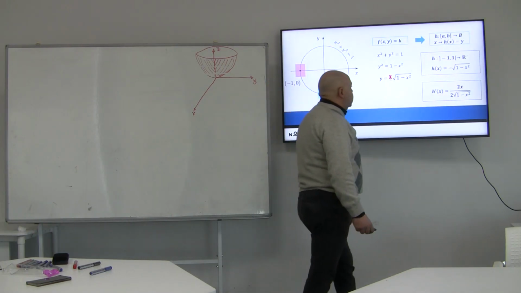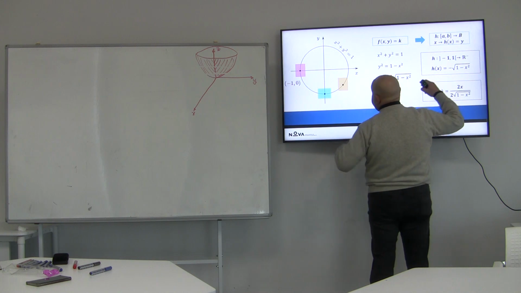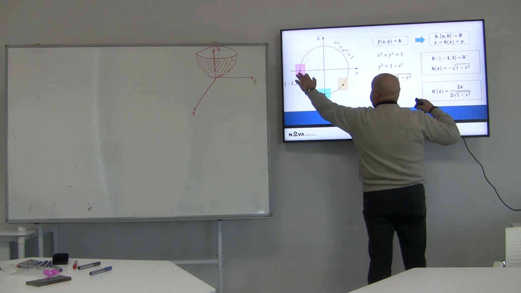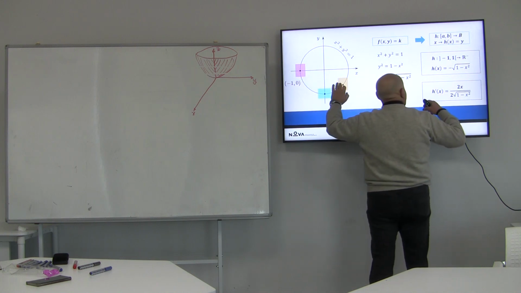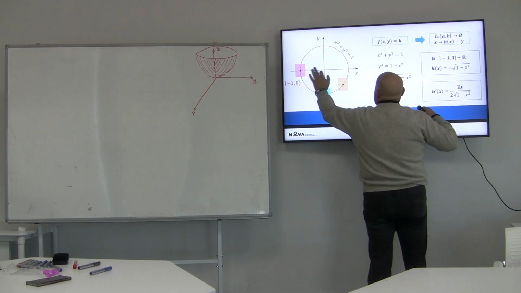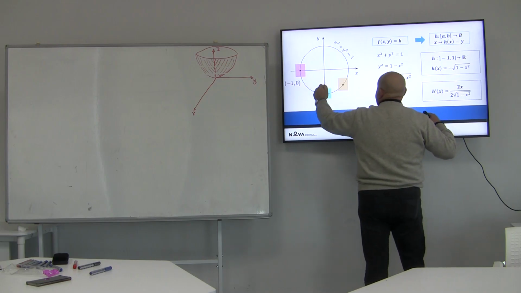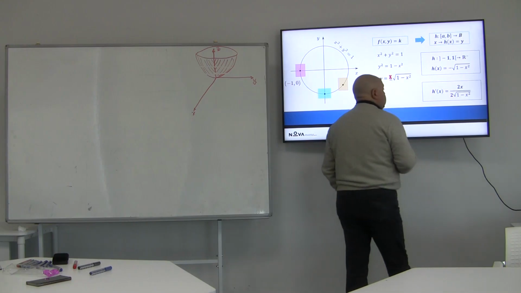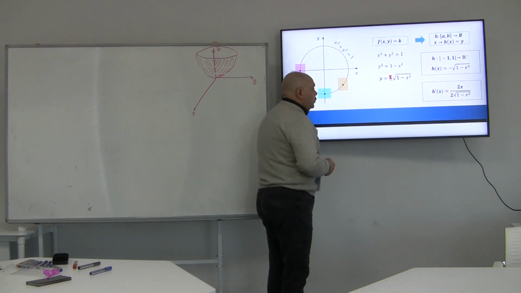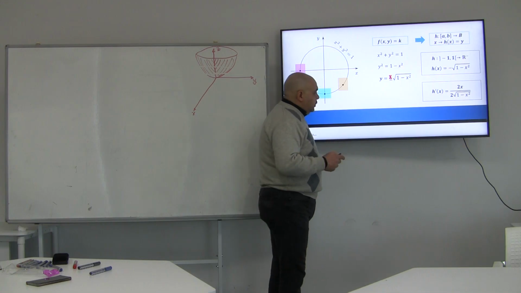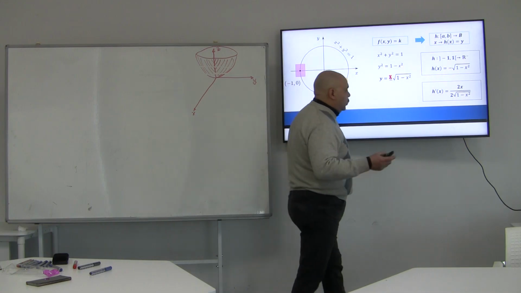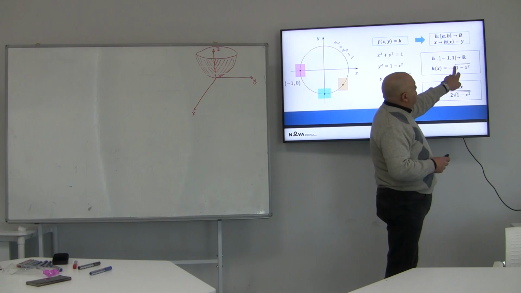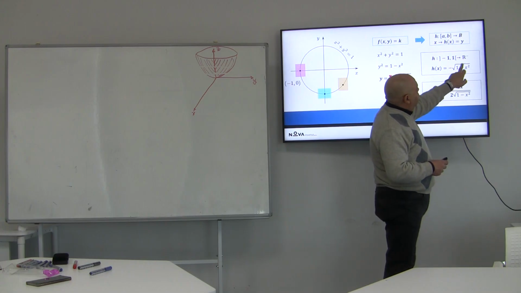At the negative part, negative root of 1 minus x squared, the domain will be from negative 1 to positive 1, and the range will be from negative 1 up to 0. Even if I want to get h dash, it's going to equal 2x over 2 times root of 1 minus x squared. Simply, this is very simple, because this is 1 minus x squared to the power of half.